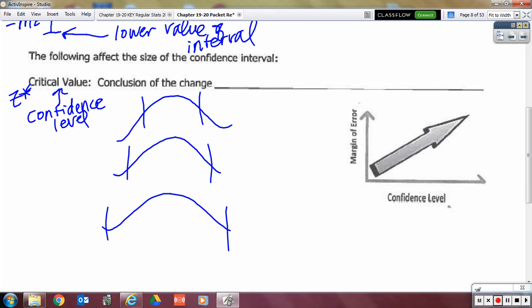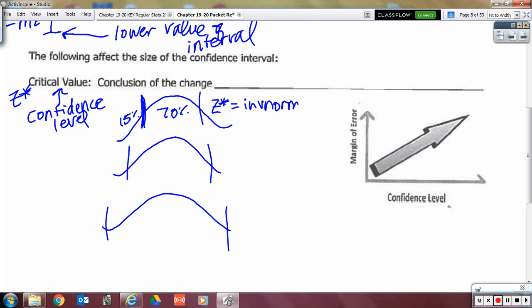So I want to have 70% confidence in this first one. If I have 70% confidence, how much is left in the tails? 30 total, which makes 15 on each side. Very good. So in that case, this critical value for this problem is created from what computing? Inverse norm of the area below is the z at that spot.